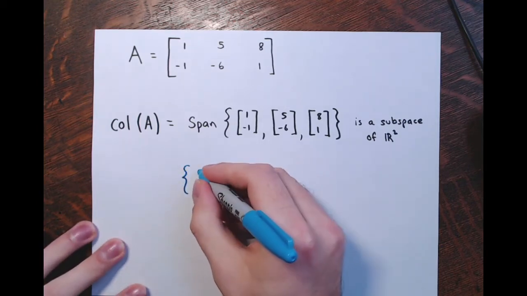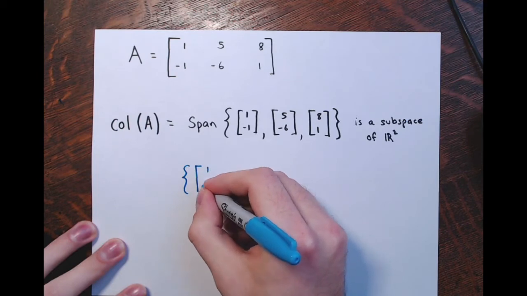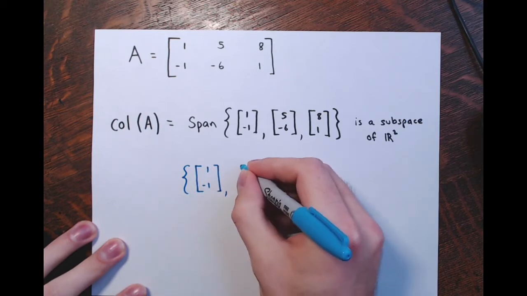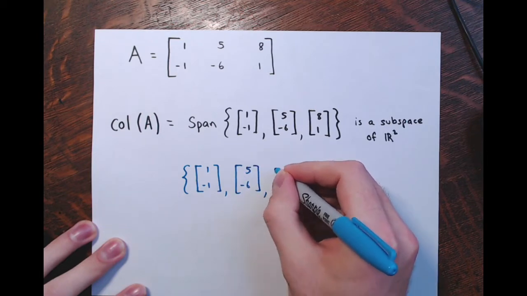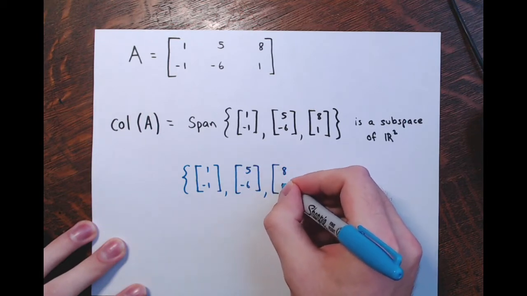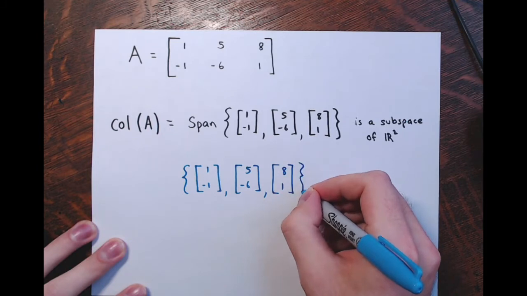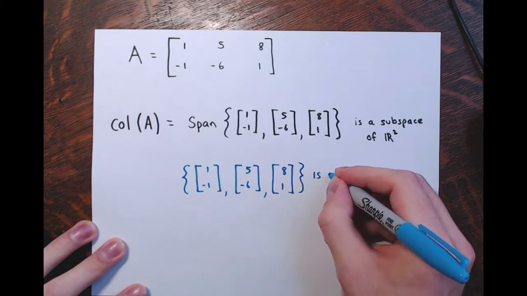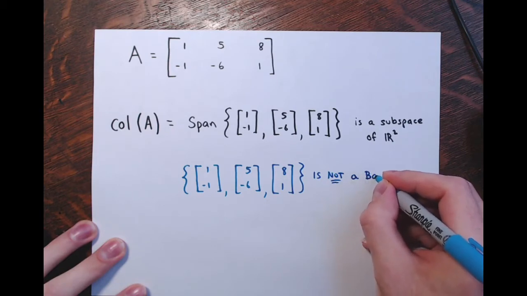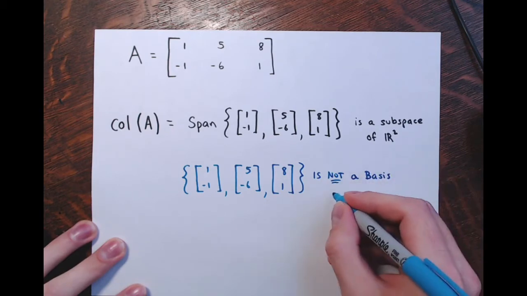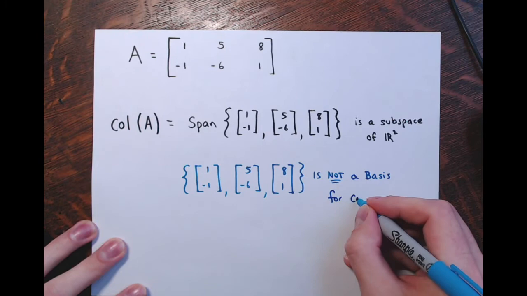So this set with the three column vectors is not a basis for the column space of A.